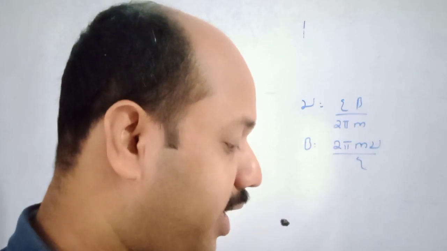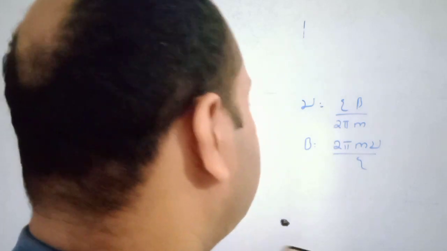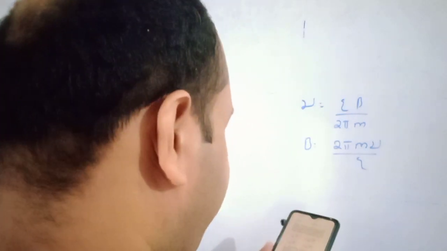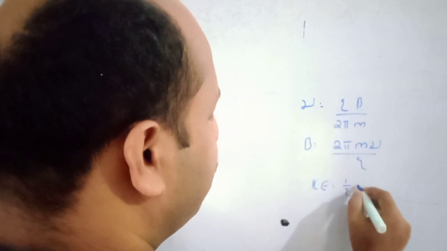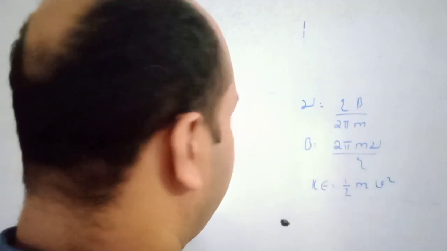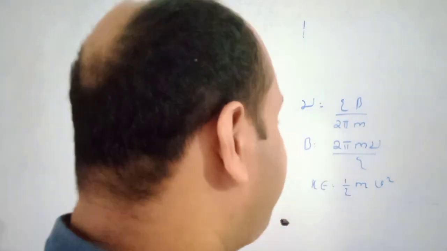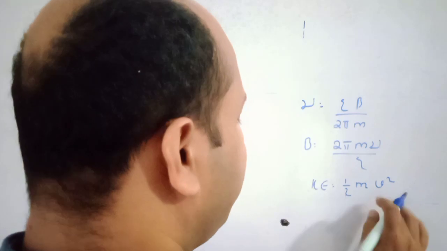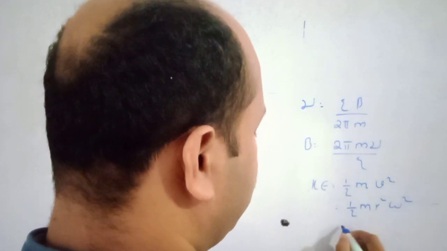Next one, kinetic energy in terms of frequency, they want, right? Kinetic energy is equal to half mv square. It is not given in terms of v, it is given in terms of frequency, right? Instead of v, we can write r omega. Half m r square omega square.